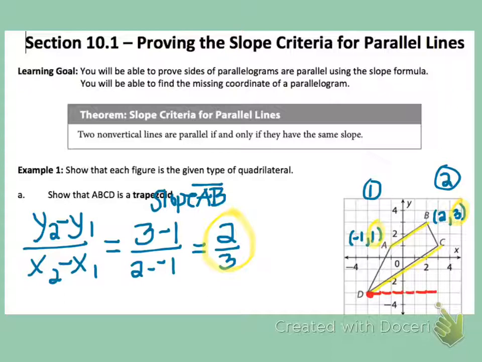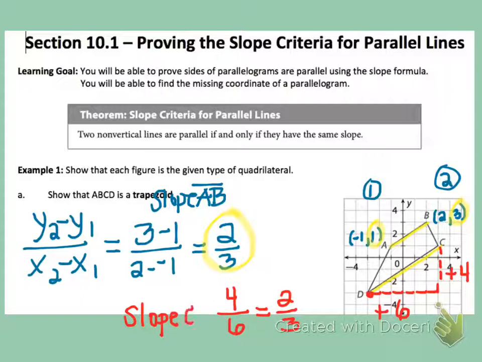I'd have to run positive 6, right? And I'd have to rise 1, 2, 3, 4. I'd rise positive 4, which means my rise is positive 4, my run is positive 6, and that reduces to 2/3. So that's if I wanted to use the graph to find the slope of CD.